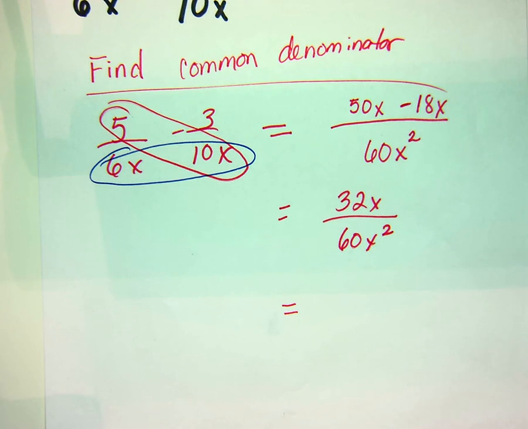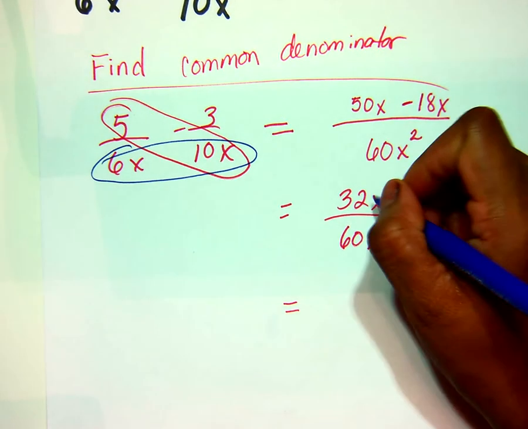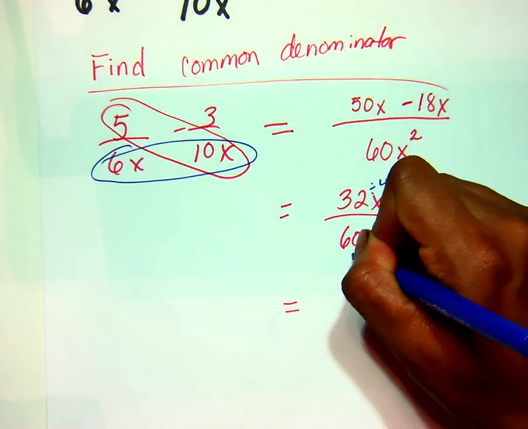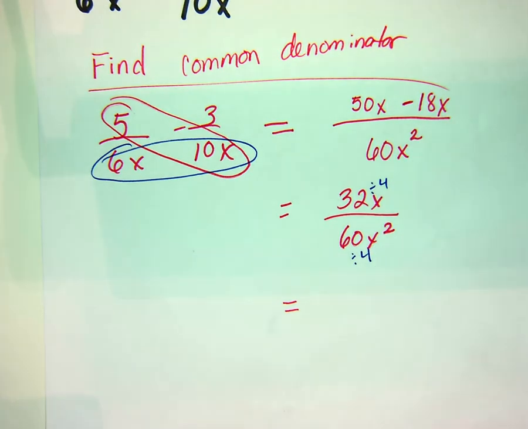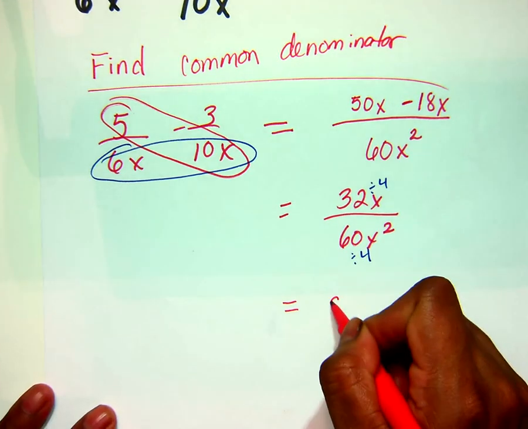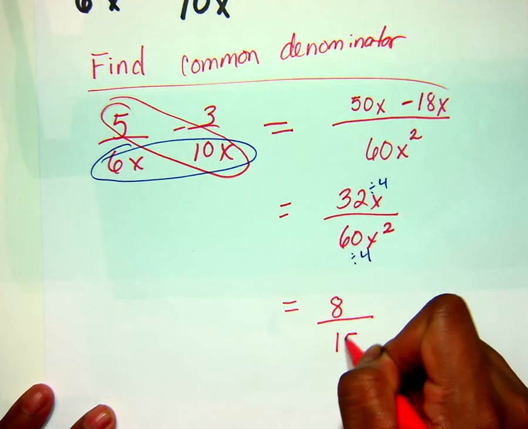So if I simplify both of those by 4, that's divided by 4, that's also divided by 4, I'm now going to have 8 over 15.